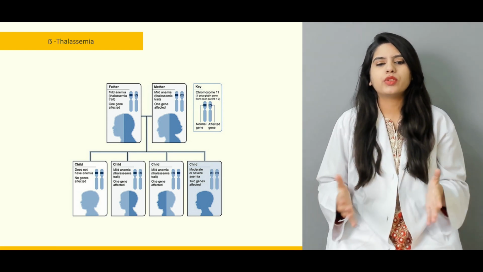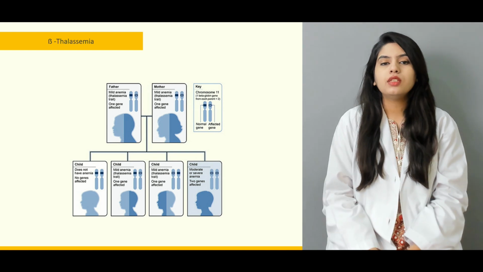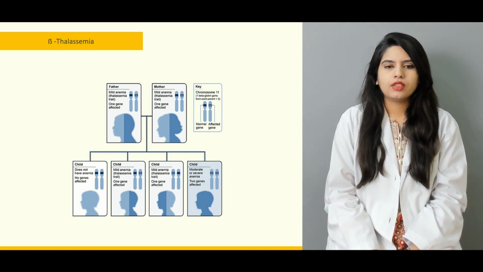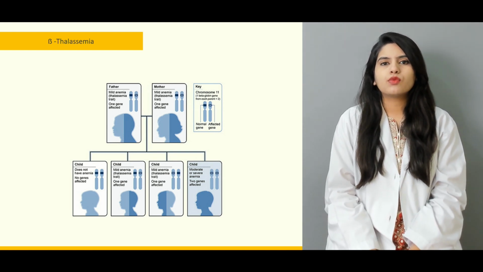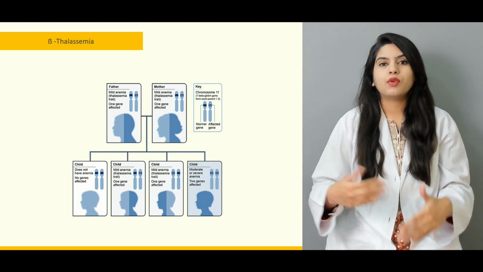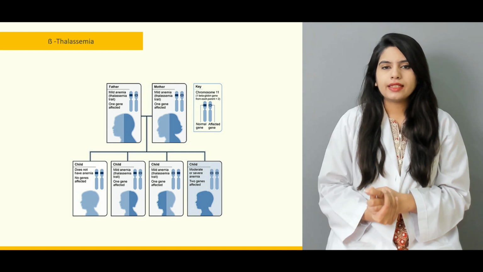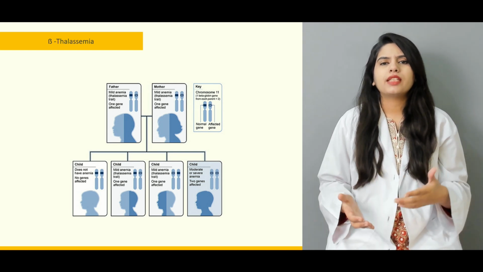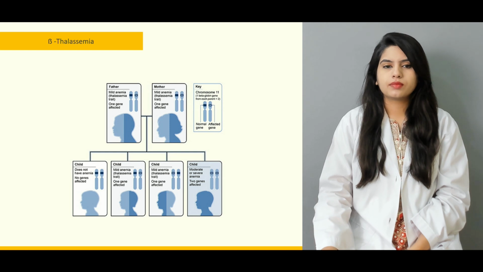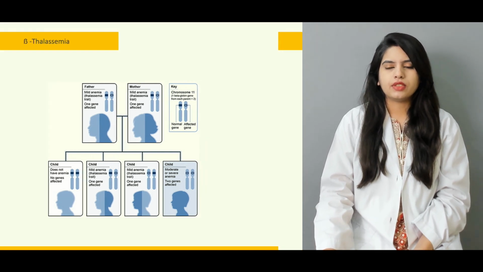So one or more than one child may be suffering from beta thalassemia. So basically the beta chains will be replaced by another type of globin chain, which will result in the formation of beta thalassemia, and it is the most prevalent type of thalassemia in patients.